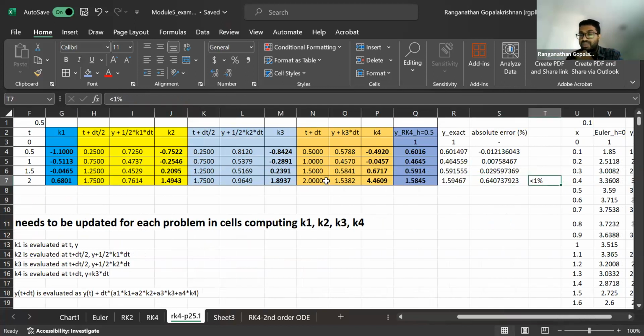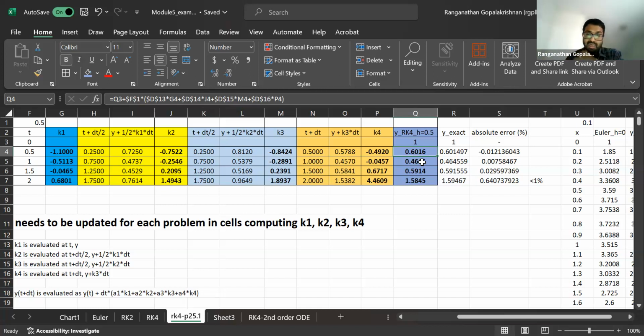It's about 1%, which is still good, not that bad for the time step we chose. But the important thing is doing the calculation for multiple time steps, methodically getting the K1, K2, K3, K4 values, using them together, not forgetting dt, and then getting the value of the dependent variable at successive times. This is the sequence you need to follow.